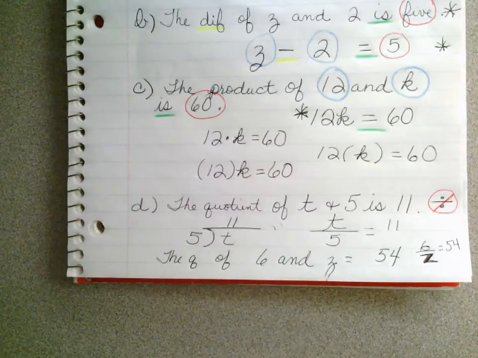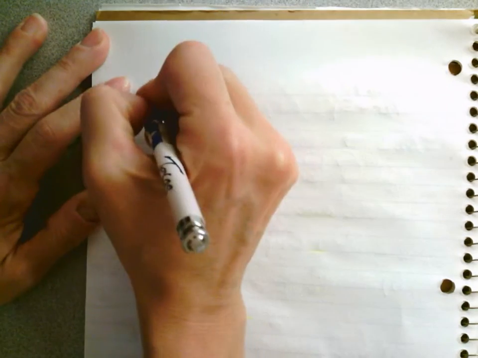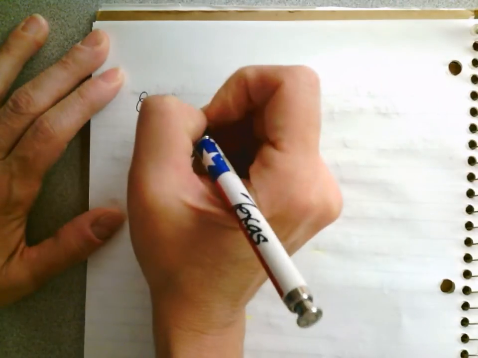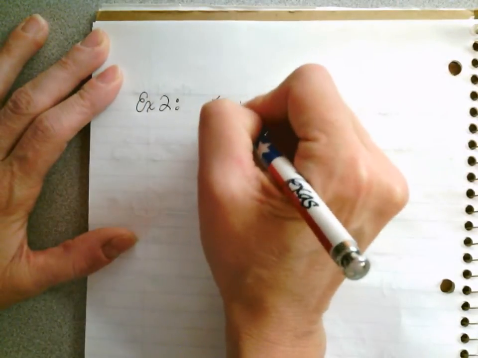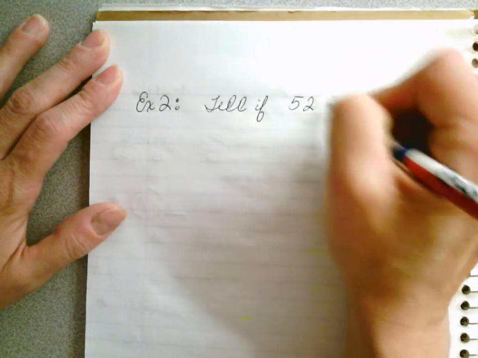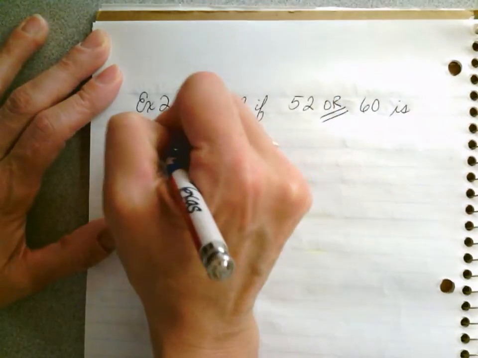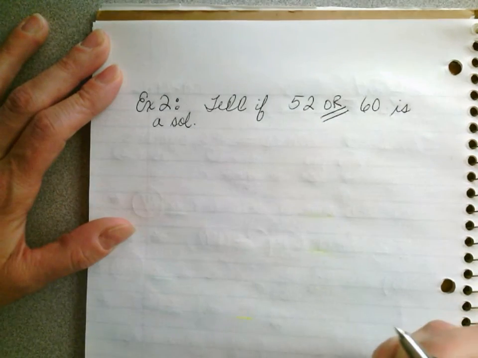We've really crashed through pretty much everything. One other thing I want to share with you. And this is going to be example 1. I'm sorry, example 2. Is tell if 52 or 60 is a solution of what I'm about to give you.